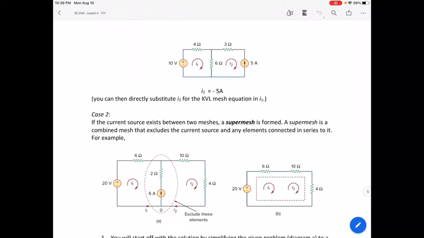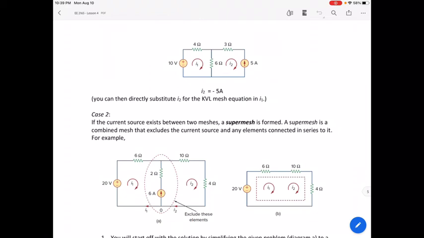A super mesh is a combined mesh that excludes the current source and any elements connected in series to it. So, the way that we treat super mesh is that we will treat the middle branch with the current source as if it doesn't exist.